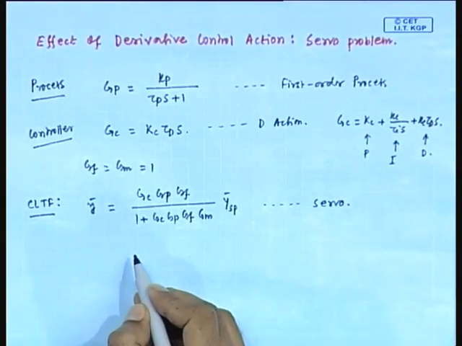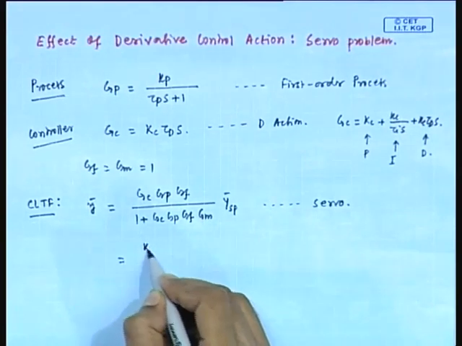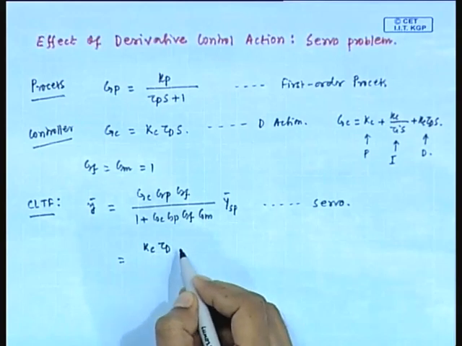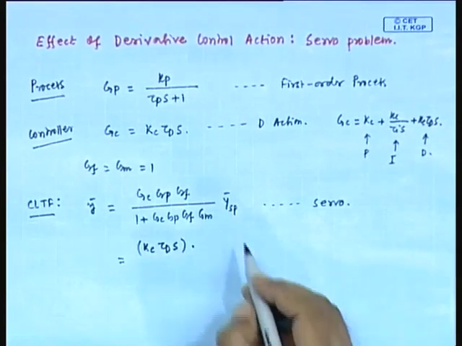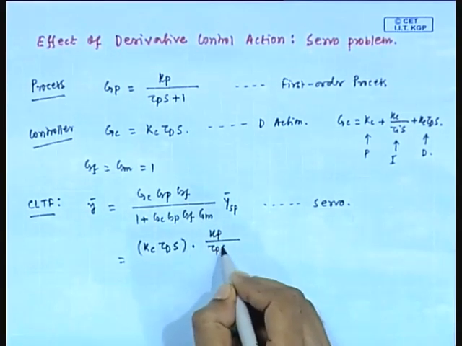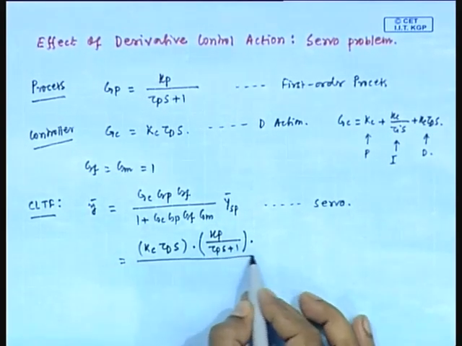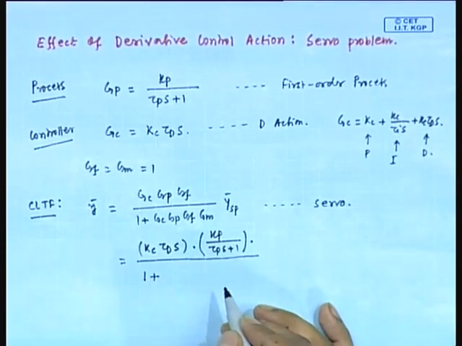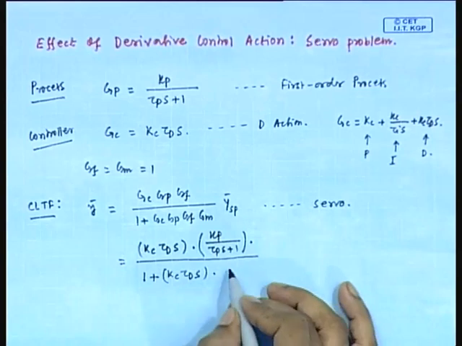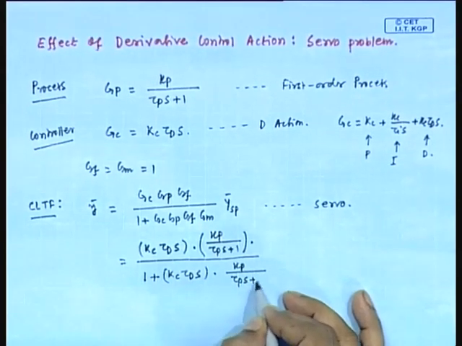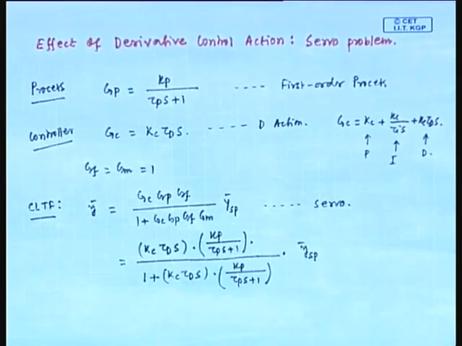Now, if we substitute the individual transfer functions, we obtain Gc as Kc tau d s, Gp as Kp divided by tau p s plus 1, and Gf is 1, whole divided by 1 plus Kc tau d s multiplied by Kp divided by tau p s plus 1, multiplied by y set point bar.